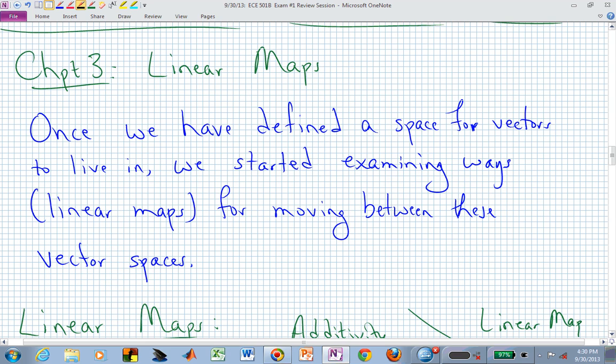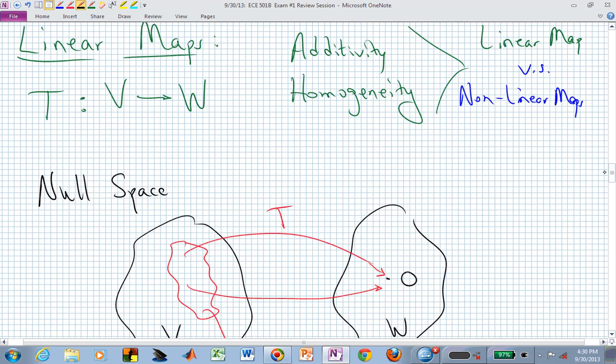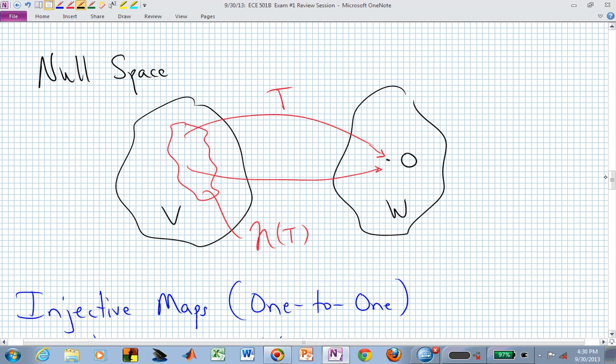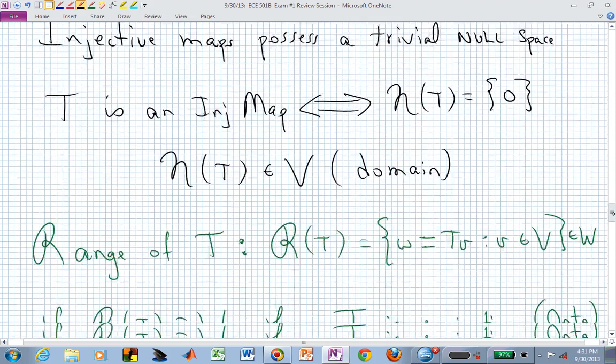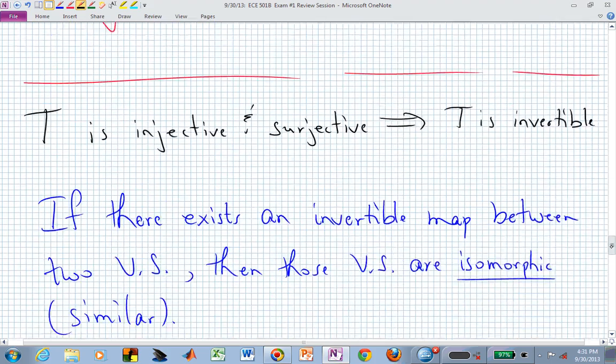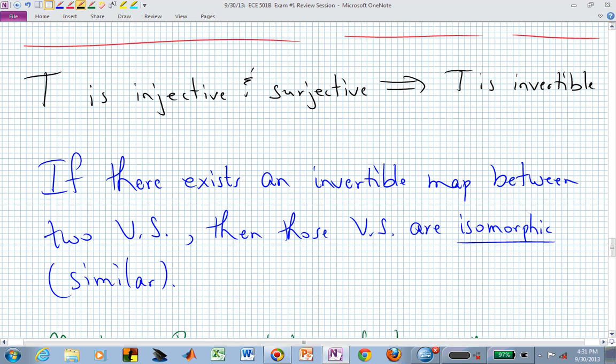How do you map between vector spaces? That's chapter 3. And for linear maps, you need additivity and homogeneity. Once you have these linear maps, you can talk about the null space and the range space, whether those maps are injective maps or surjective maps. If they're both injective and surjective, then this linear operator is invertible.